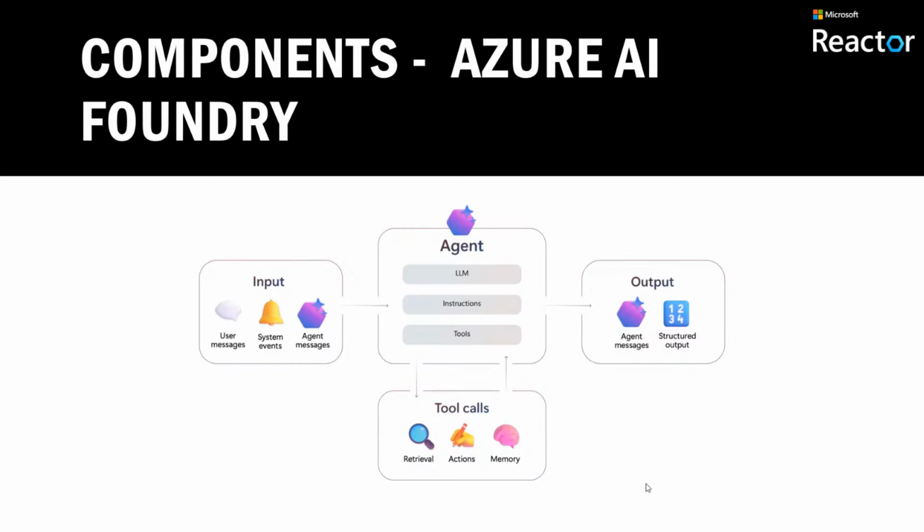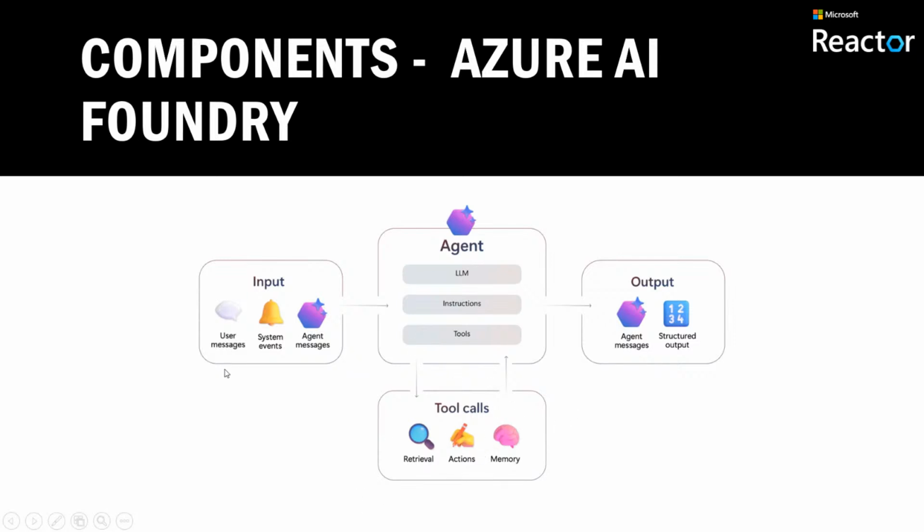When it comes to the components available under the Azure AI Foundry, this plays a major role in understanding what we have over there. We will be having the models, the instructions, and the tools being added as the three core components.